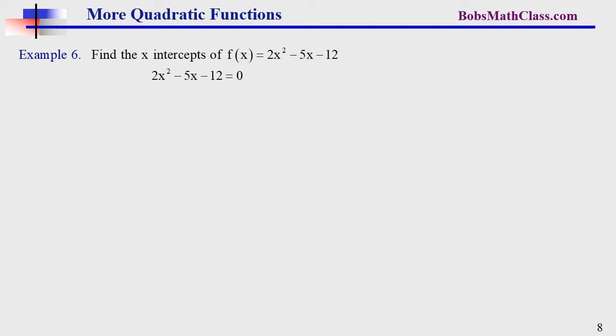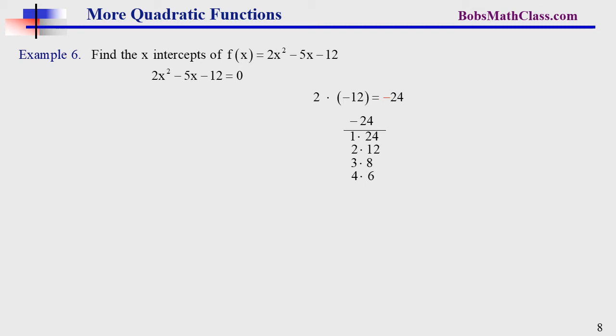I'm going to factor it here, but you could also use the quadratic formula. I think I'm faster doing factoring, so that's what I would do personally, but if you think you're faster using the quadratic formula, that's not a problem. It doesn't say anything in the directions about which method to use. All right, multiply the first number and the last number and find the pair that will subtract to be 5.